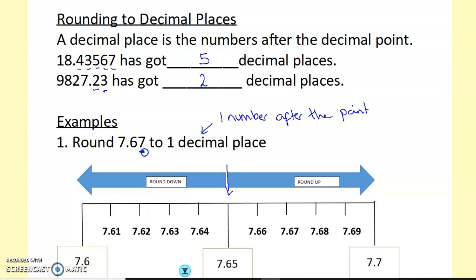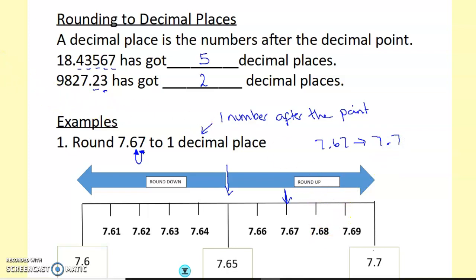Your deciding number becomes your second number after the point. Now this one is a 7, so this number is sitting right here. You can see from the diagram it's closer to 7.7, but if we think about it just numerically, that 7 is bigger than 5, so it's going to push that 6 up to a 7. So 7.67 becomes 7.7.